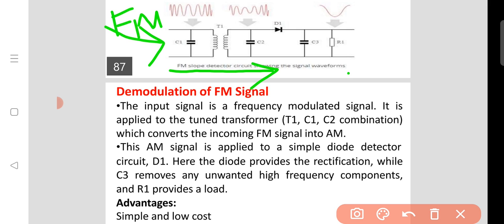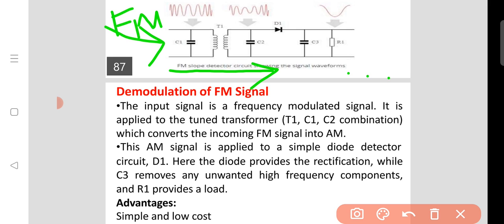Okay, so this converts the input frequency, the FM signal applied over here. We know the exact FM signal standard equation consists of the carrier wave, Ac cos omega ct, plus kf times the integral of m(t).